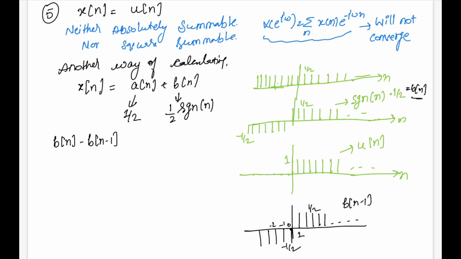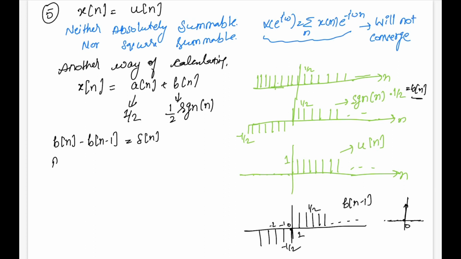That means it is 1. So this sequence b[n] minus b[n minus 1] is 0 for all values of n except 0, and it is 1 only for n equals 0. So it will look something like this, otherwise it's 0. So basically it is nothing but δ[n].